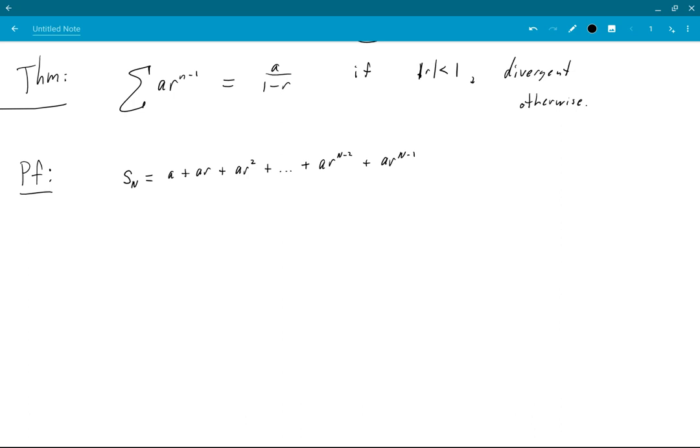Because we want a total of n terms: n equals 1, n equals 2, up to n minus 1, and then n.